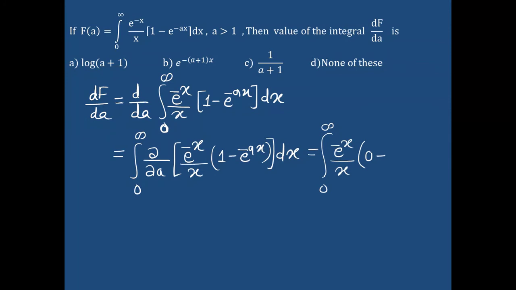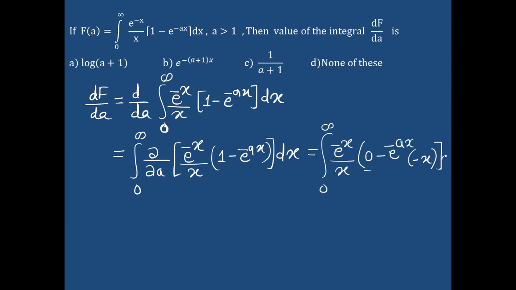Now the derivative of e power minus ax is e power minus ax into, be careful, we are differentiating with respect to a, so that is minus x, constant, and the derivative of a is 1. In this way the differentiation is done.